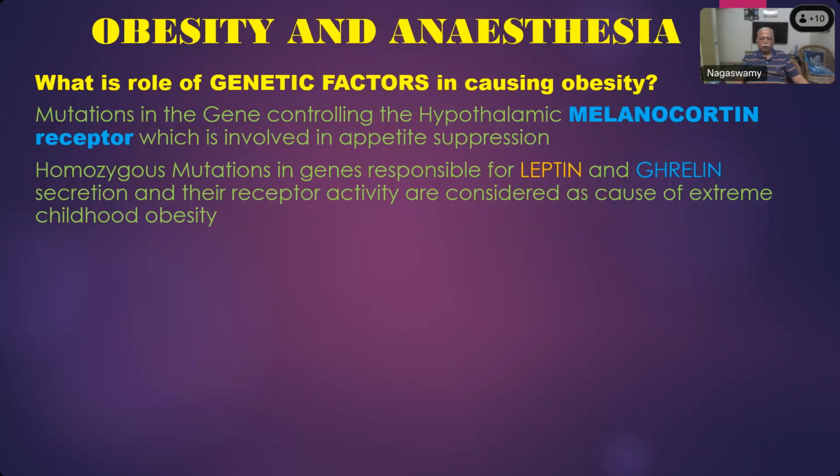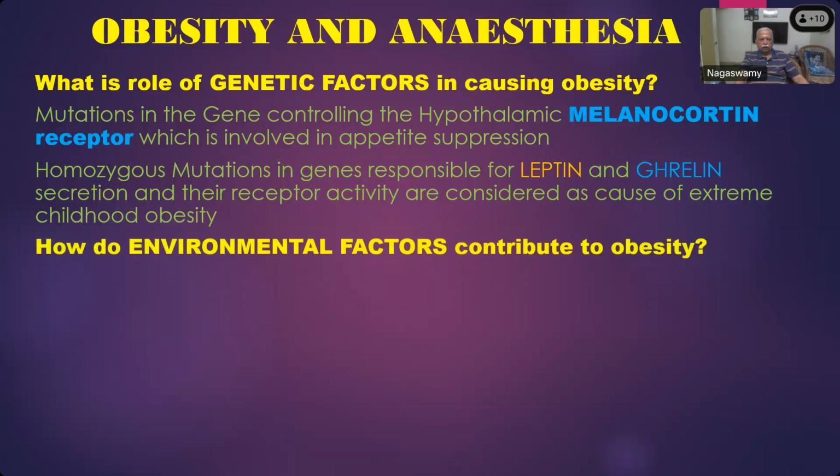So if the production of ghrelin goes higher and the production of leptin comes down, again the patient will start feeling hungry all the time and keep on eating, and will overeat every time, and that will be deposited as fat because he doesn't do adequate expenditure to digest or remove the calories.